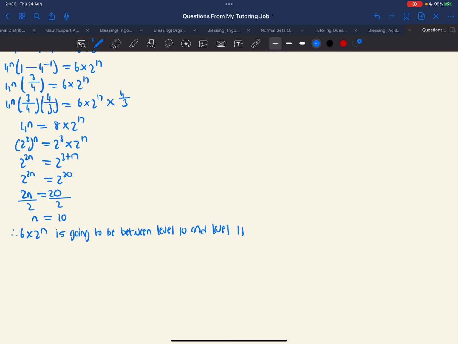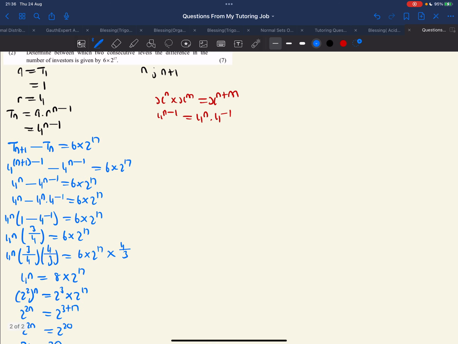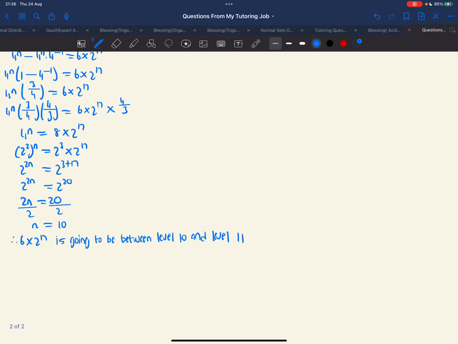All right, because if you say n plus 1, it means it's going to be between level 10 and level 11, and that's how you can write your answer at the end, and you can surely get the whole entire full marks. All right.